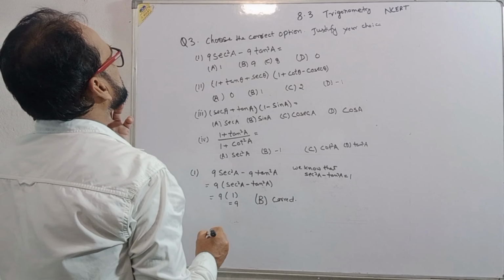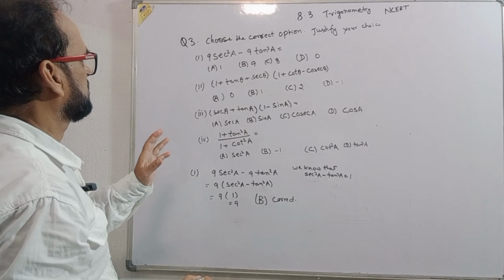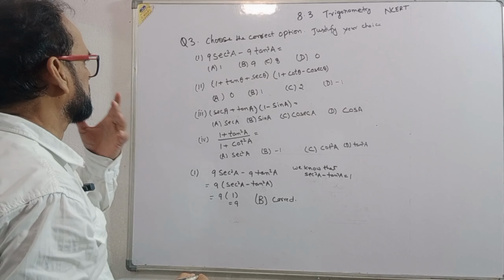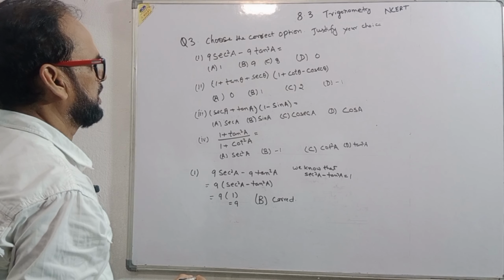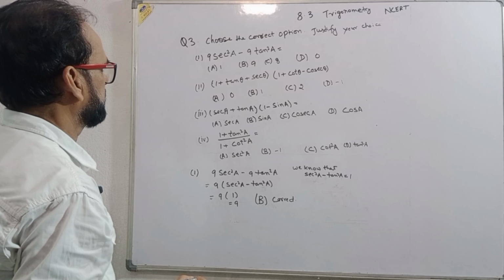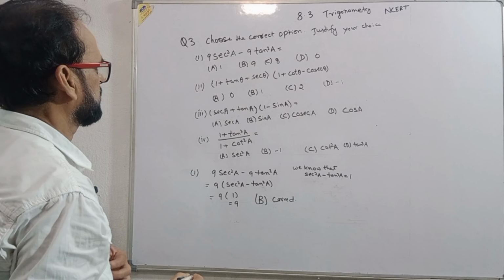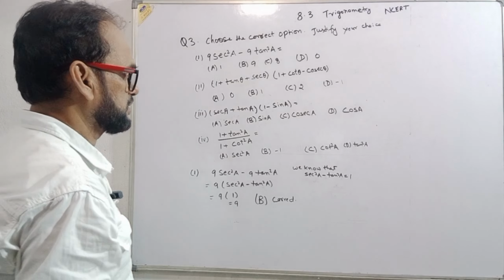Now, second question. 1 plus tan theta plus sec theta divided by 1 plus cot theta minus cosec theta. Option A 0, option B 1, option C 2 and D minus 1.